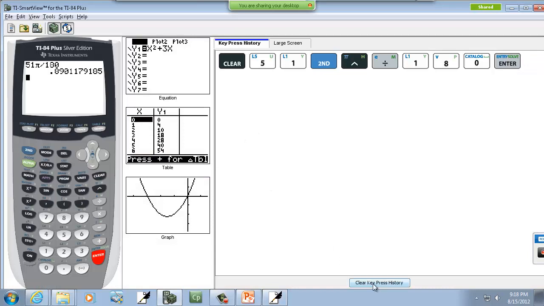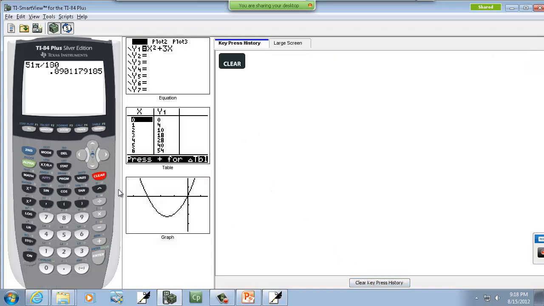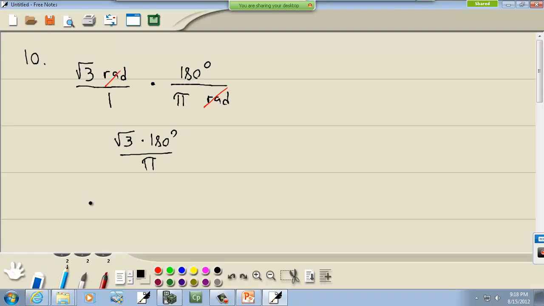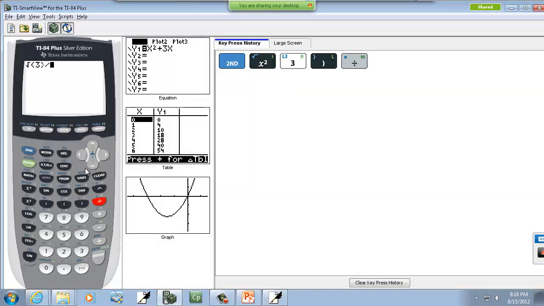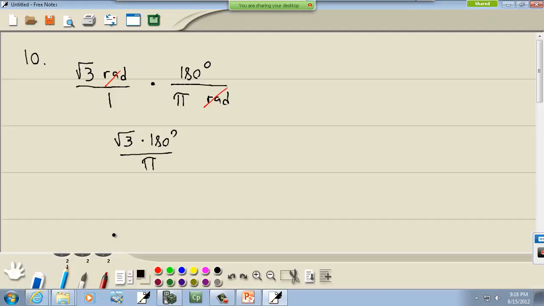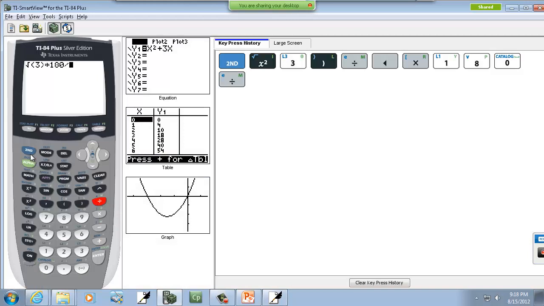So, square root of 3. I'll do second x squared and put 3 in, closing parentheses, times 180, divided by pi. So divided by, and then second caret for the pi.